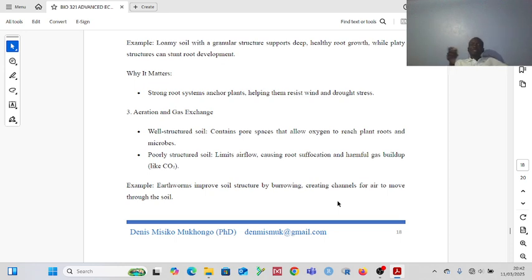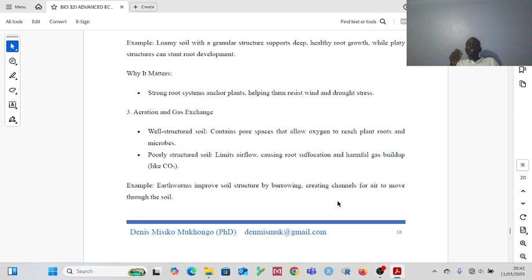So it means that because the porosity, the size of the air spaces within the soil, is right, the level of oxygen hapo ndani ya udongo iko sawa. So inamaanisha ile mizizi yenye iko ndani ya udongo inapata oxygen sawa sawa.